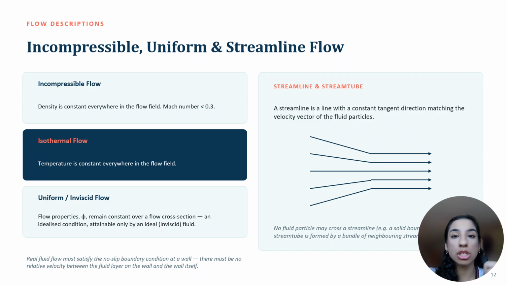So here temperature is constant everywhere in the flow field. Then you've got inviscid flow, which we already talked about in the previous slides. Then we've got streamline and stream tube. Streamline is like a line where, when the fluid is flowing, it all just goes in one direction, the horizontal direction. Do not think about this much, it's not that important for now.